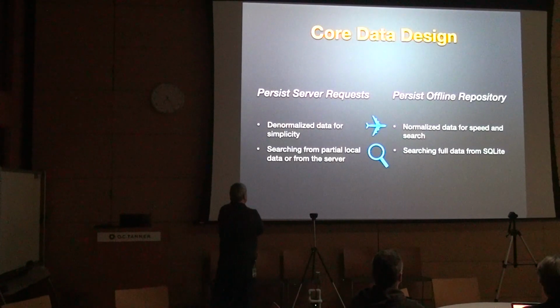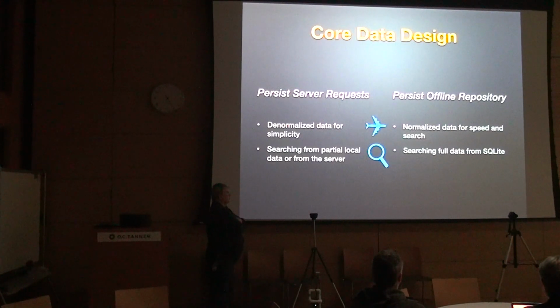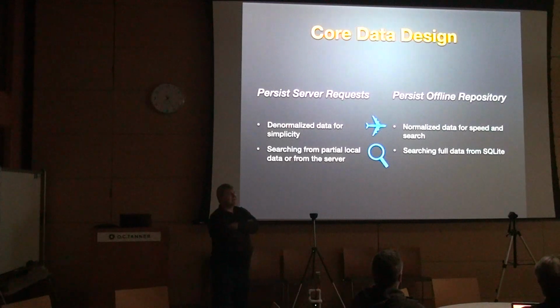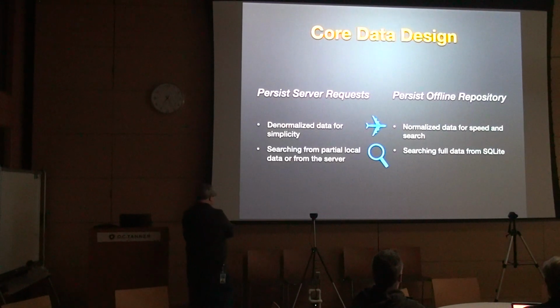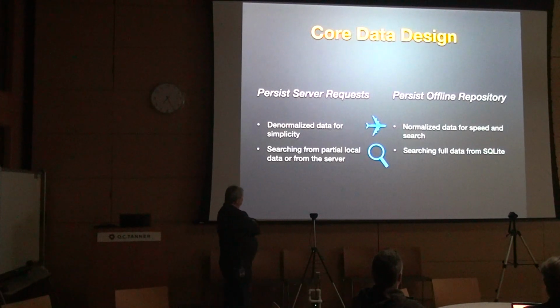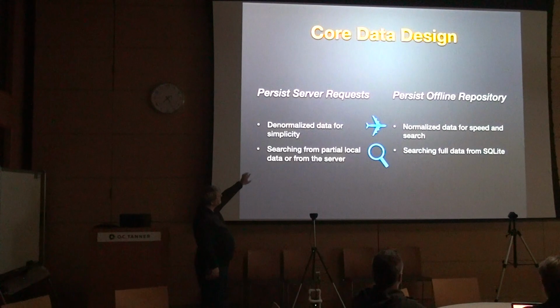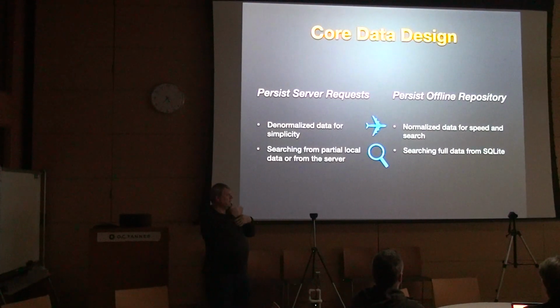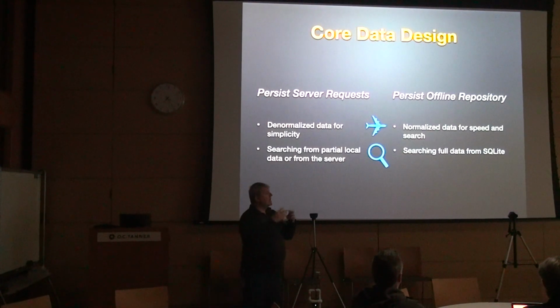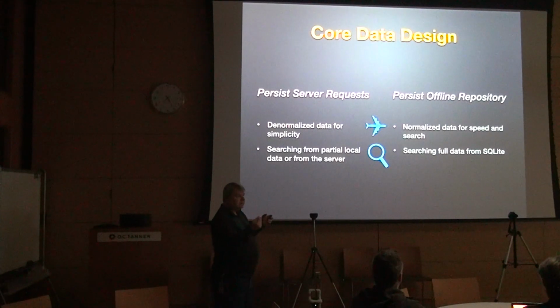The offline repository approach says, I'm going to normalize my data and I'm going to index it for speed and search. And so this is a fundamental difference: just trying to get something up there and persisting request results versus saying, I'm going to normalize all of my database things so that everything I do is really, really fast.